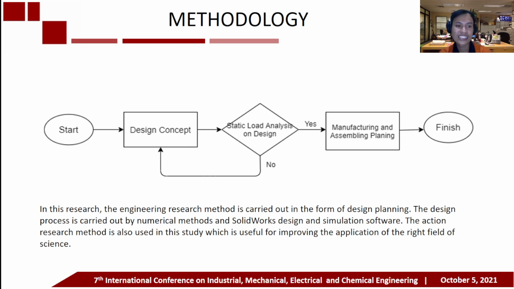The steps of this research are shown in this figure. Start, then design concept, then static load analysis on design, yes or no, then manufacturing and assembly planning, then finish.